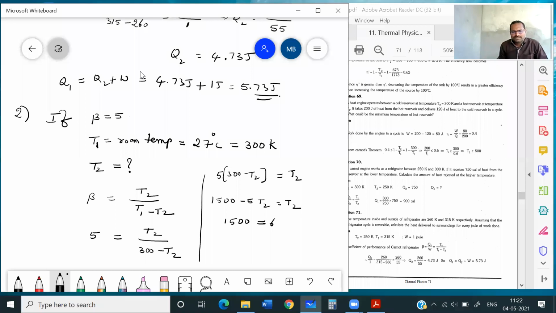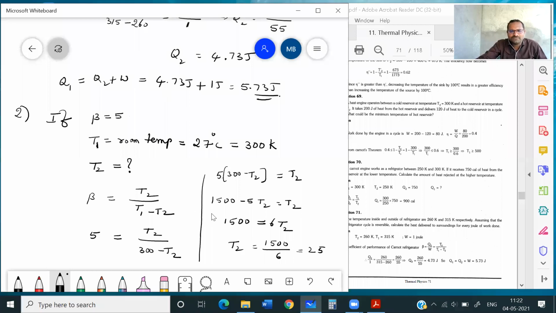The T2 value is 1500 divided by 6. 6 2s are 12, 3 is there, 6 5s are 30. So it is 250 Kelvin. But we need to find the temperature in degrees centigrade.